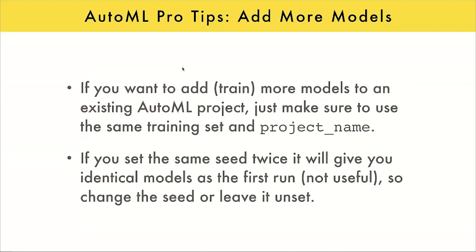You just run AutoML again using the same project name, and it will add models to your leaderboard. So let's say you want to start with 20 models, check it out. You can stop the process, and it allows you to look at the leaderboard, and then you just basically copy that same code, run it again. Make sure to change the seed though, because if you do hit the same seed twice, then you're running the exact same 20 models the second time around. So that's the only advice about that.